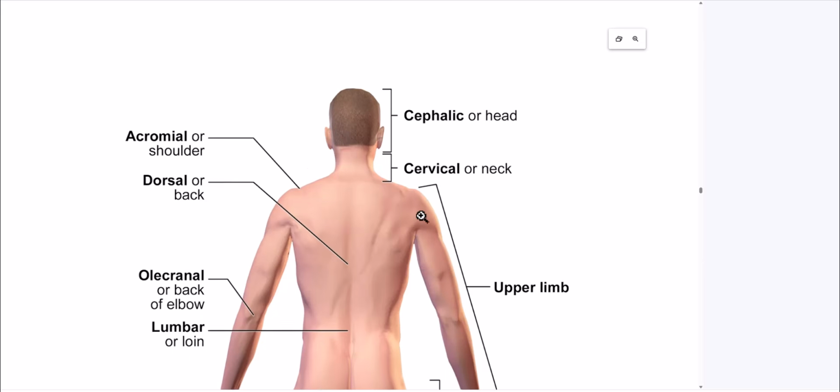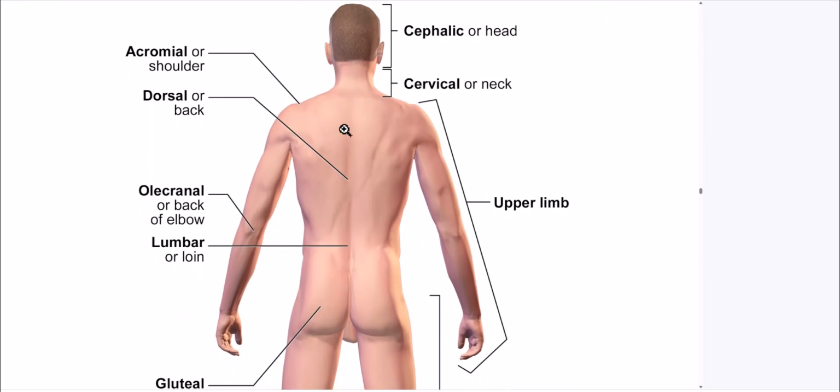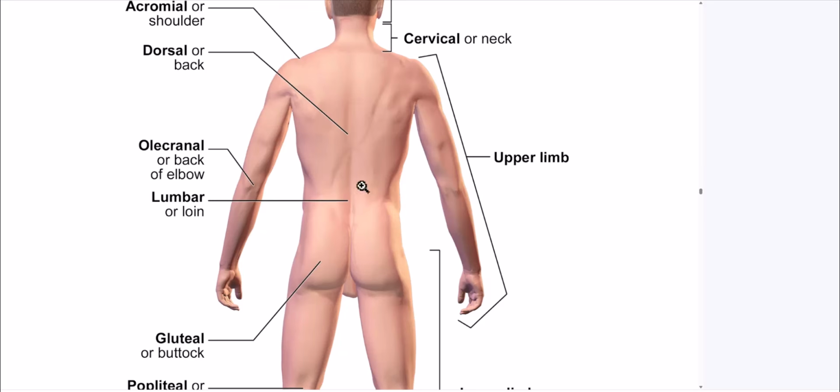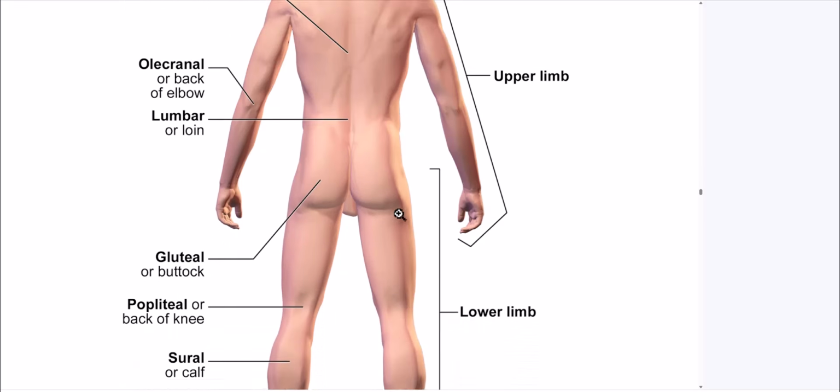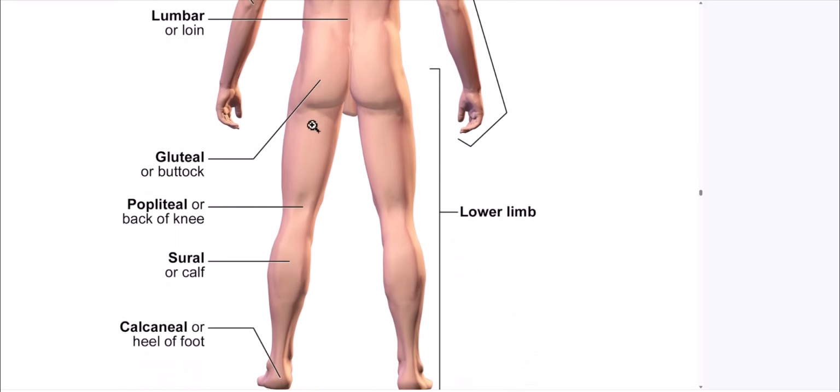And from the posterior side, we'll use the word acromial region for your shoulder, olecranal region for the back of your elbow, lumbar region, gluteal region, popliteal region, the back of your knee. The sural region is what you would normally call your calf. Calcaneal region would be your heel.